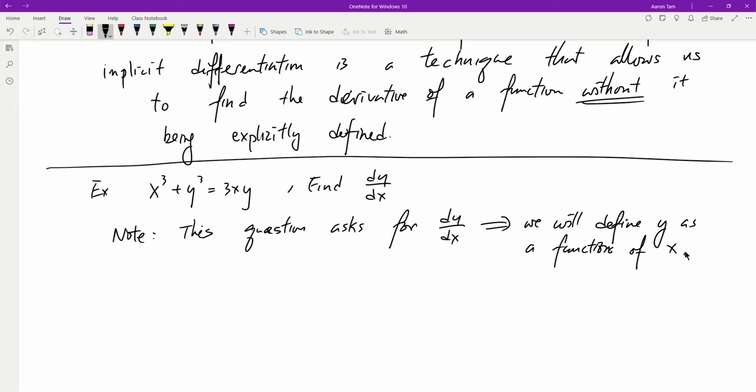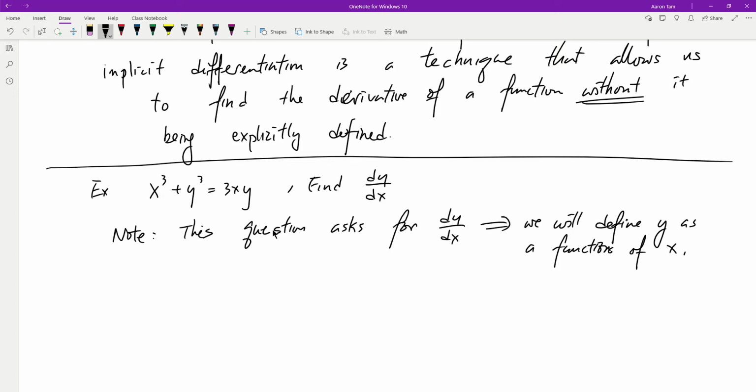The reason, because it's defined to be dy over dx, meaning that we're treating y as our dependent variable and x being our independent variable. In some cases, the question would say specifically, assume y as the function of x, find its derivative.